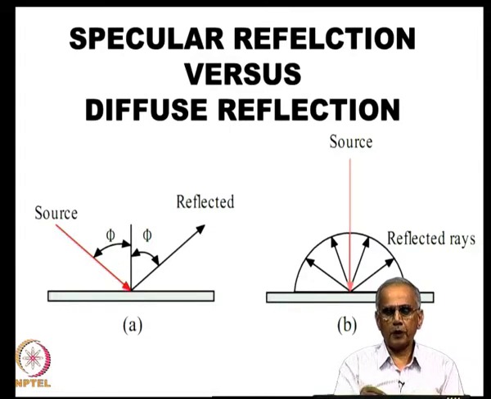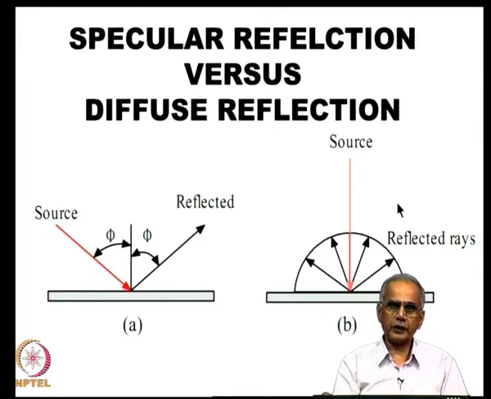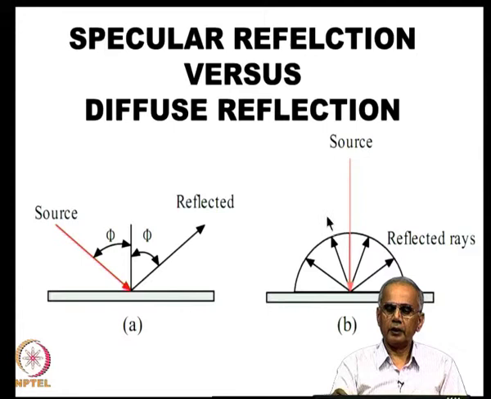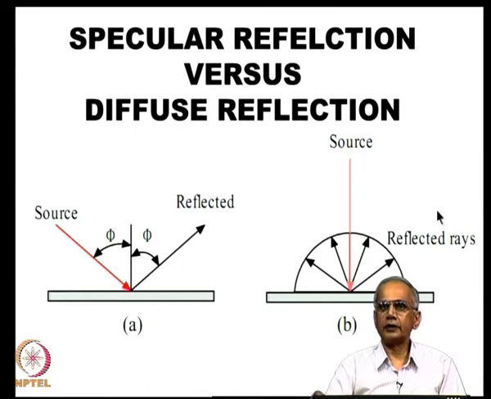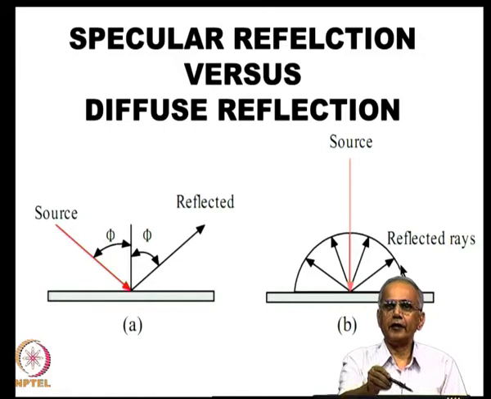Now, this problem gets more difficult compared to this problem, because when a surface reflects diffusely, that is equally in all directions, then the memory of where the photon came from is lost. Once the photon strikes the surface, it is reflecting equally in all directions. So, we do not really care where it came from.